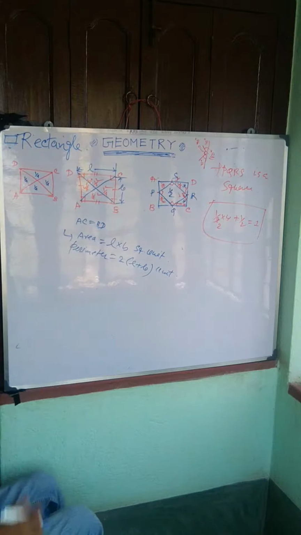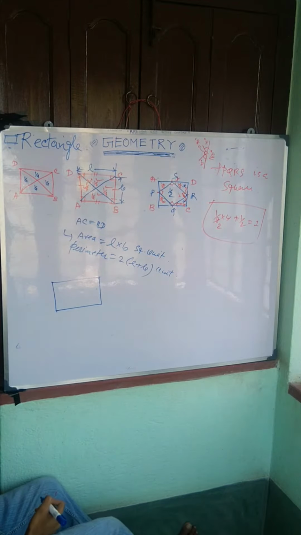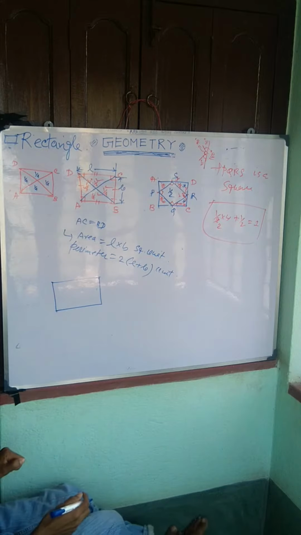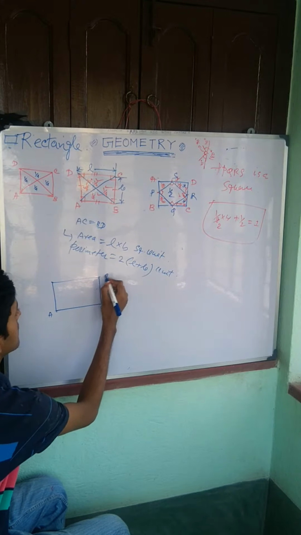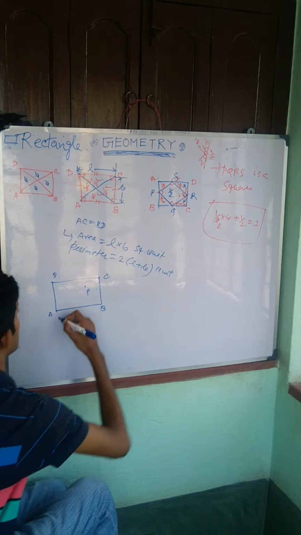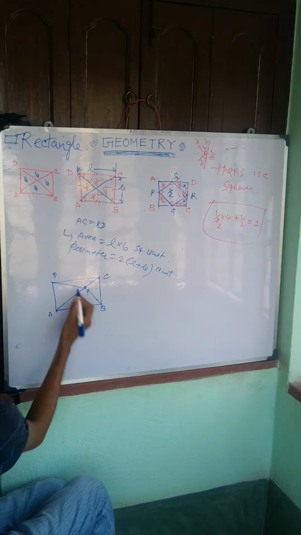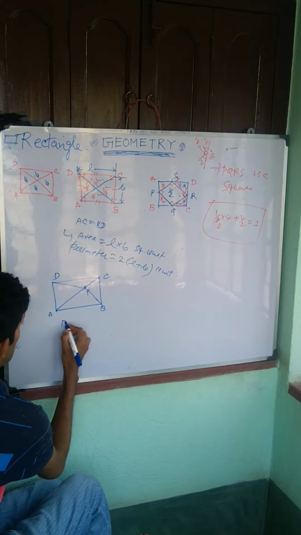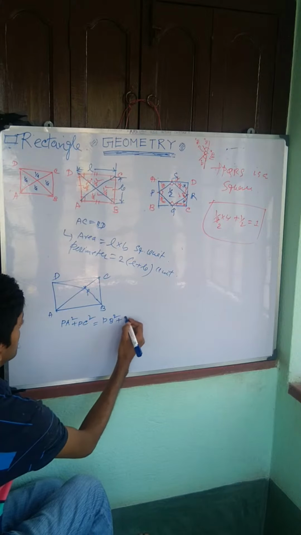Now one more property here. If there is any point inside the rectangle, suppose P, and you join PA, PB, PC, and PD, then the property is PA square plus PC square equals PB square plus PD square.